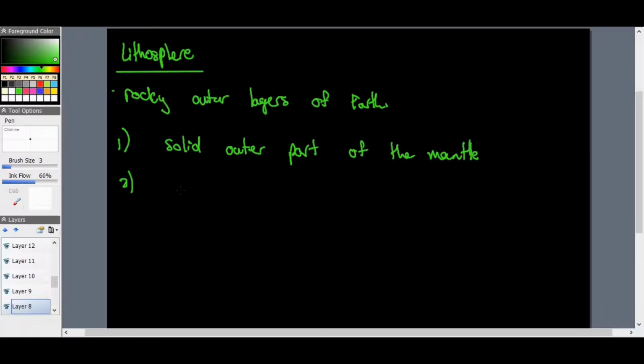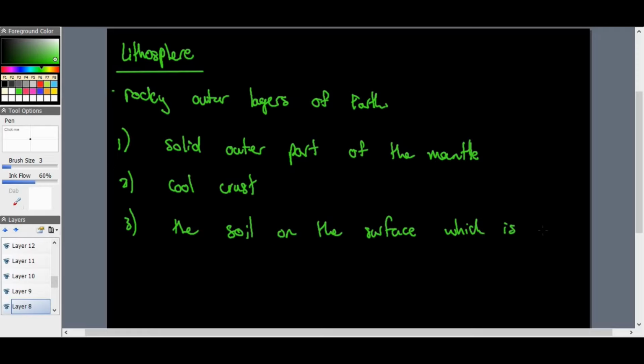Two is the cool crust. And three, the soil on the surface, which is made from small pieces that have broken off the crust.